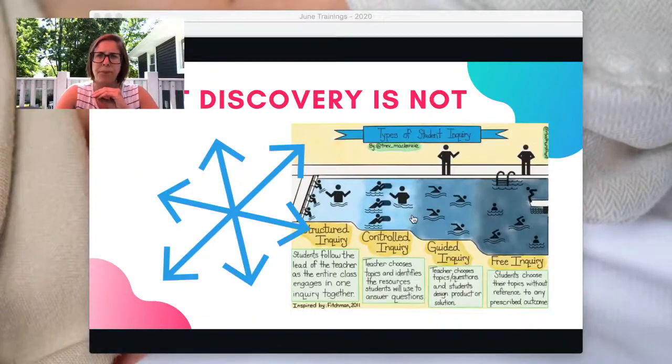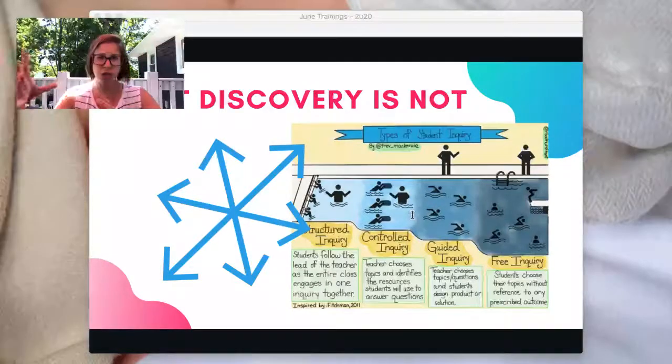Actually, I'm going to go back one more second. You have your objectives. You have the outcomes you want them to reach. You have your content, this is what I want them to know, this is what I want them to figure out. From that point, discovery and exploration can be a scale or a spectrum.